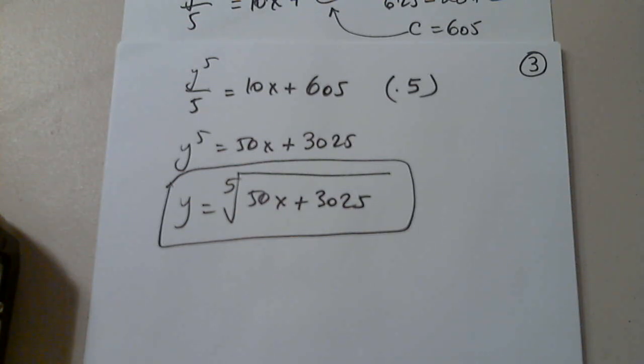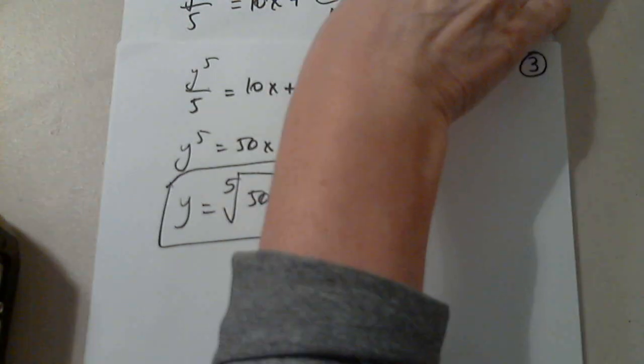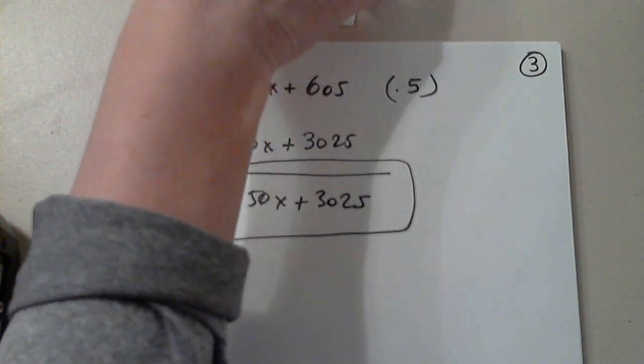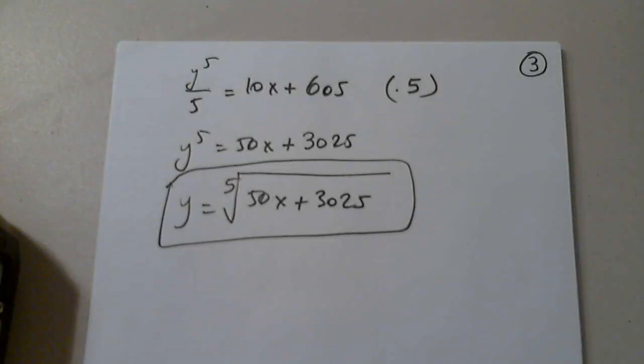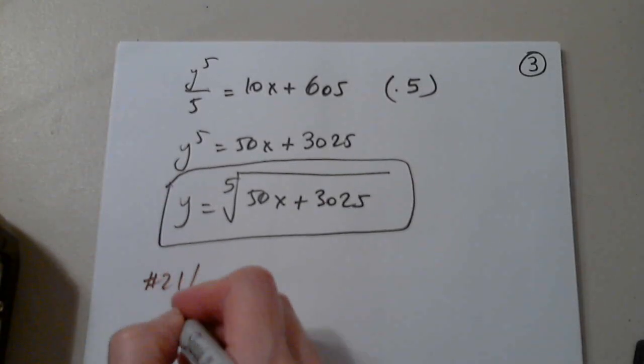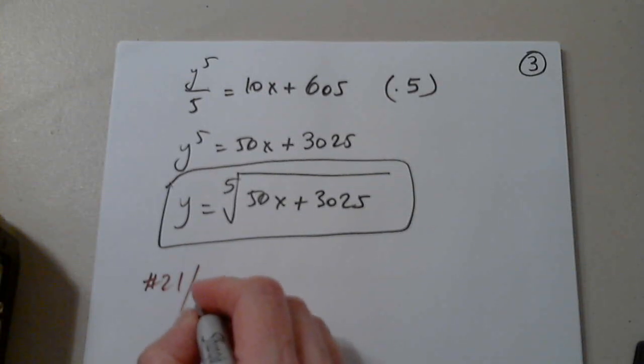With a point given, without a point given. Number 21. So let's look at 21. Perfect. Where are you? 21. I see it. So 21 on page 359.